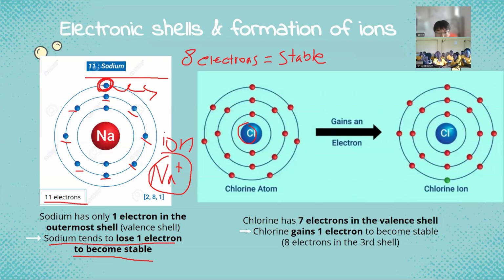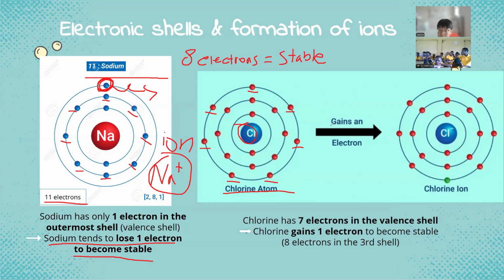So if we have chlorine, we have a chlorine atom. Let's look at what bothers chlorine. So chlorine has 1, 2, 3, 4, 5, 6, 7 electrons, right? Does chlorine want 7 electrons on its shell? No, right? It wants 8 electrons.